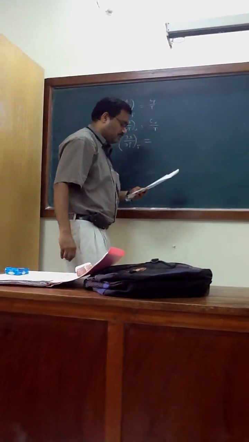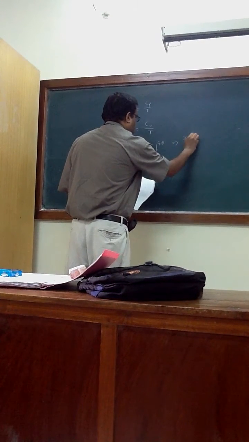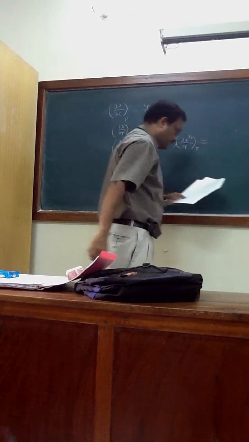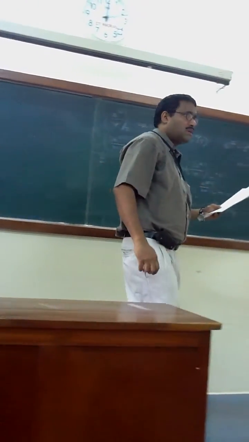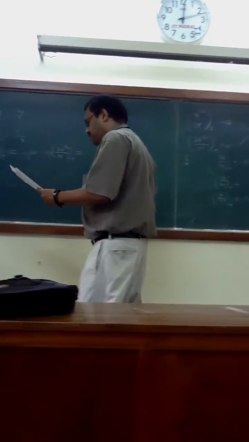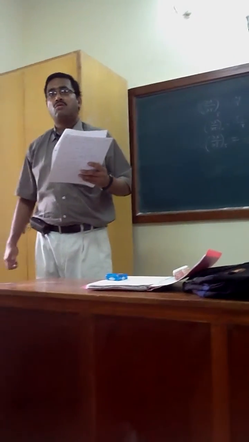Dou S by dou P at T is minus beta V, which for ideal gas, dou S Ig by dou P at T, is minus R by P. Yes or no?